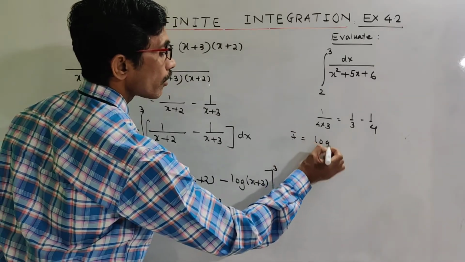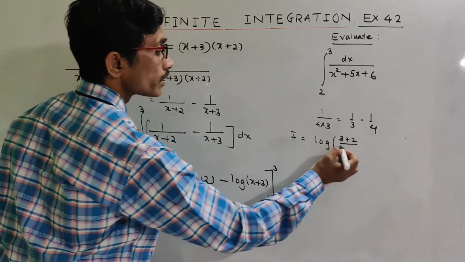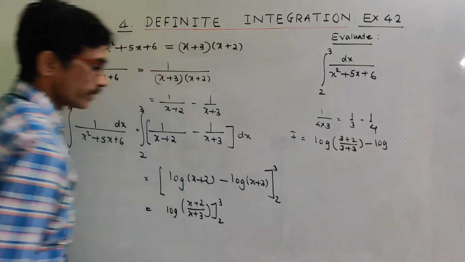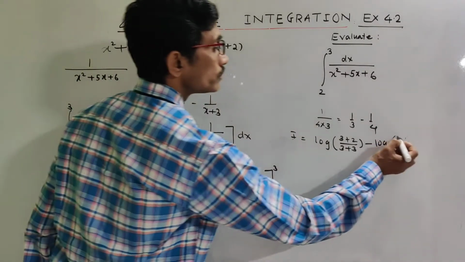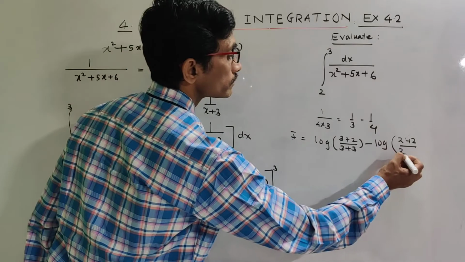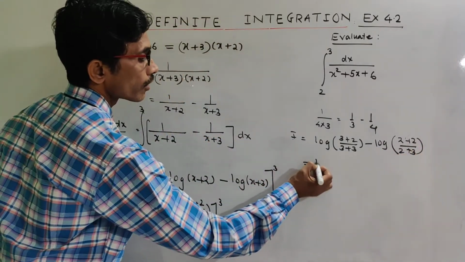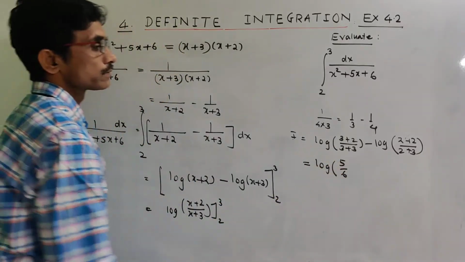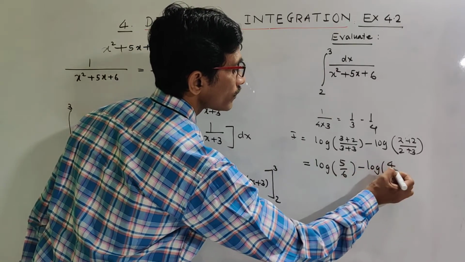So it is log of 3 plus 2 upon 3 plus 3, minus, for lower limit 2, log of 2 plus 2 upon 2 plus 3, which is log of 5 upon 6 minus log of 4 upon 5.